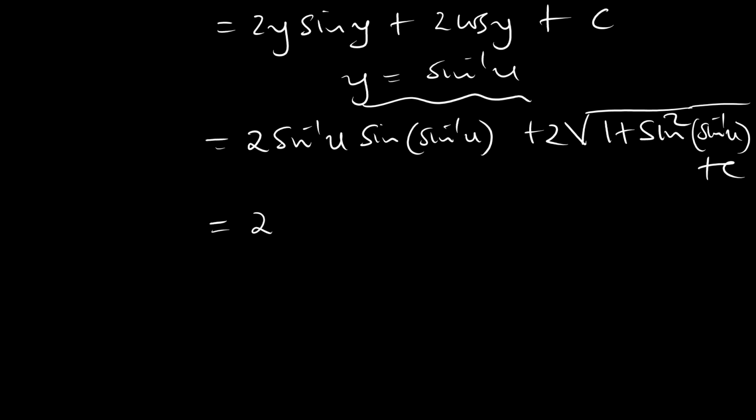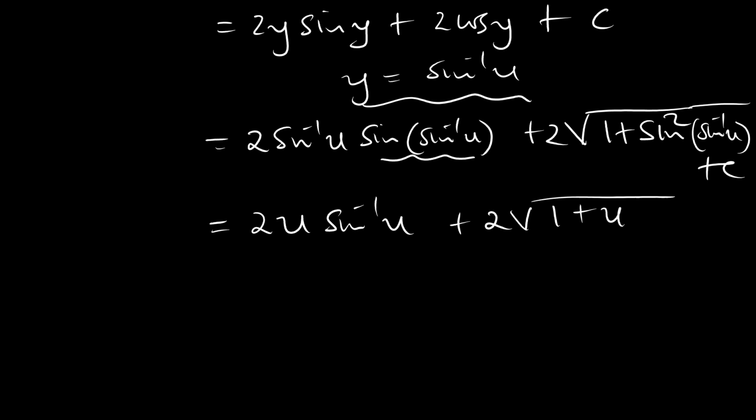So this is definitely u, so we have u arc sine of u plus 2 square root of 1 minus u squared plus c.